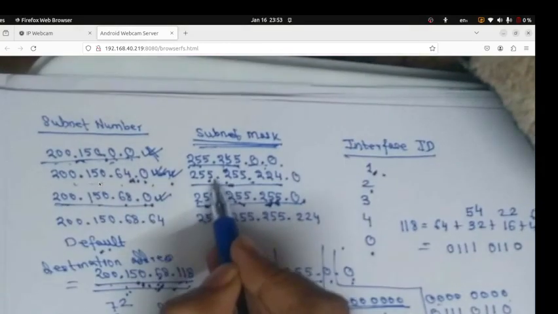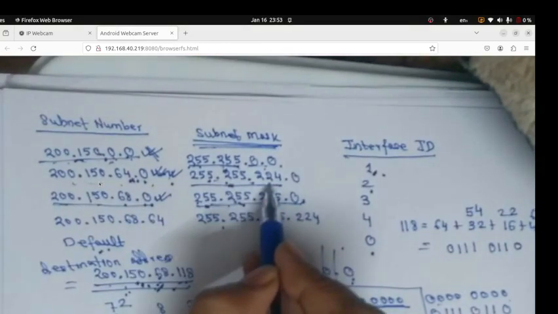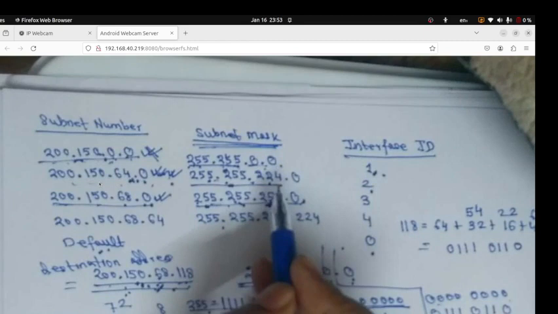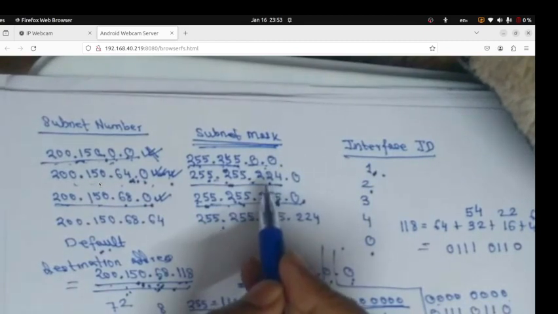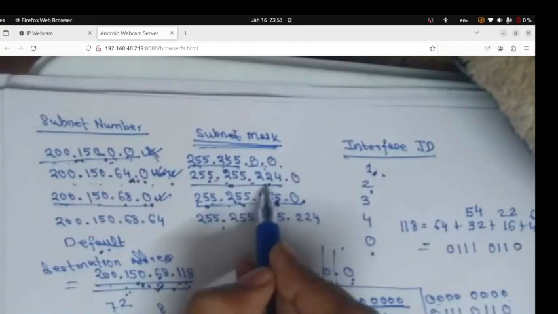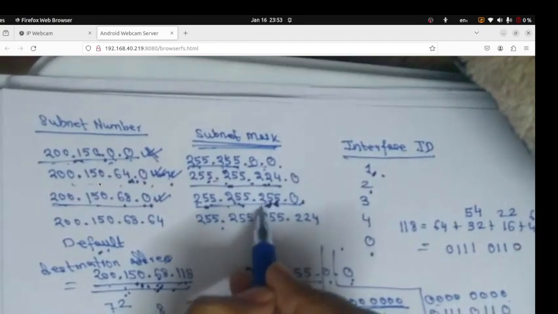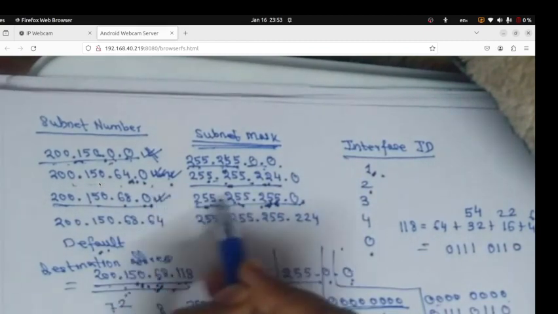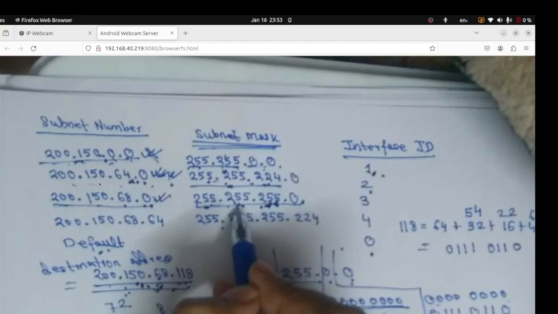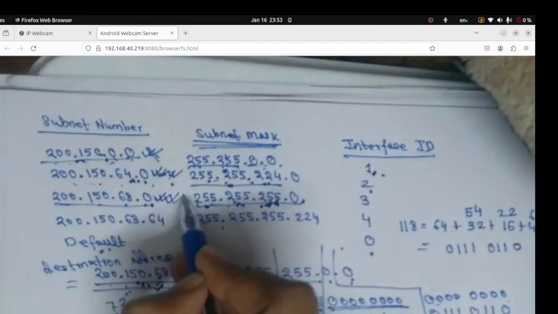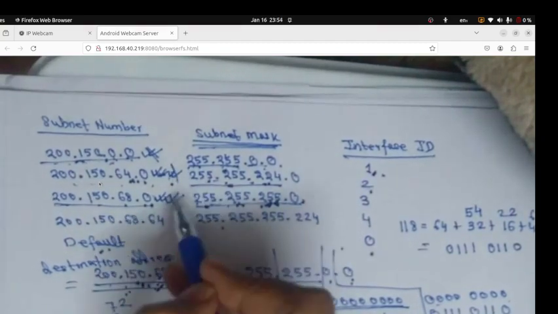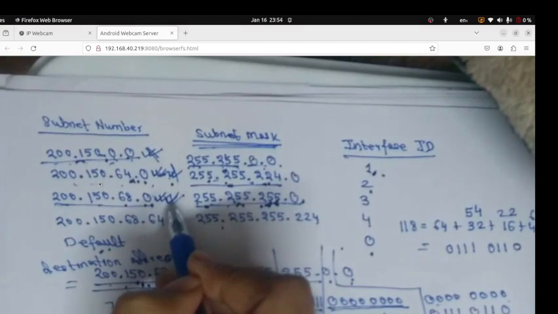The number of consecutive ones tells you the number of bits in the network ID. So here the network ID length was 19 bits, and here it is 24 bits. As they match with both, but this is the longest prefix, I will take this one. So this one is crossed. Now this is our answer.